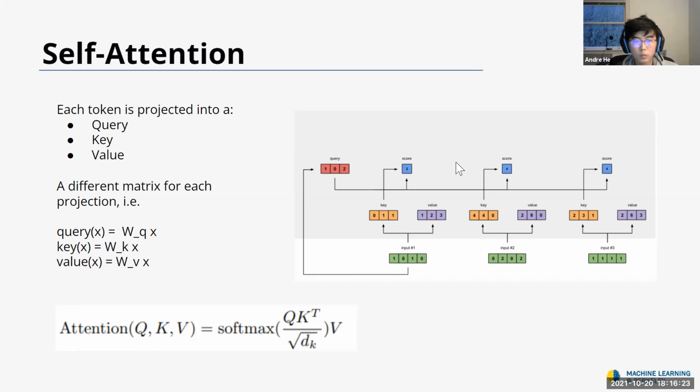The projection you can do with a fully connected layer, which just means multiplying by a certain matrix. And here we represent it as WQ for query, WK for key, WV for value. And then for each token, you have a query vector, a key vector, and a value vector.